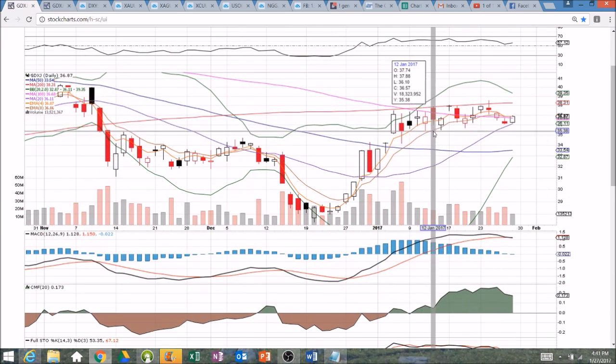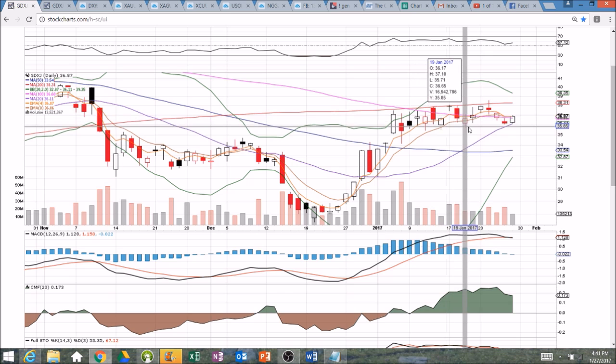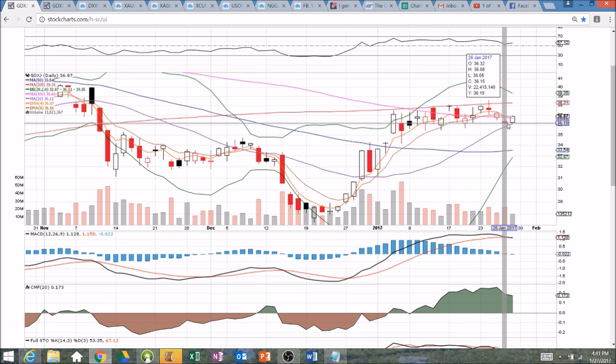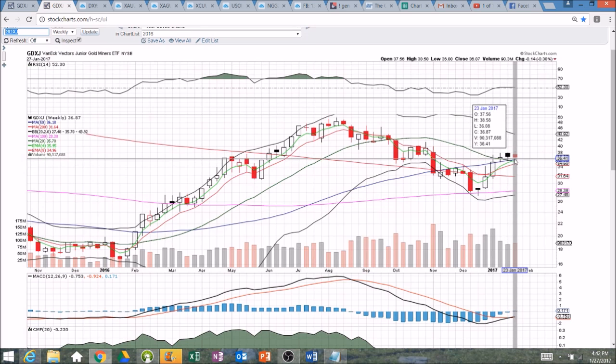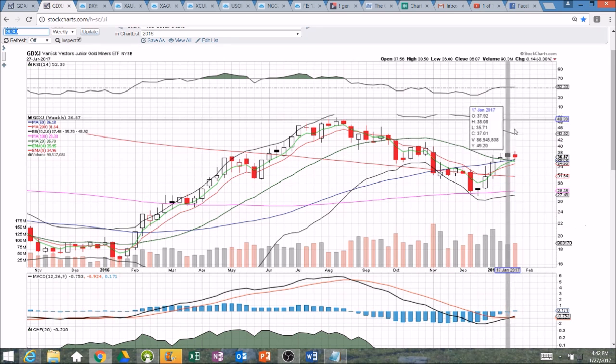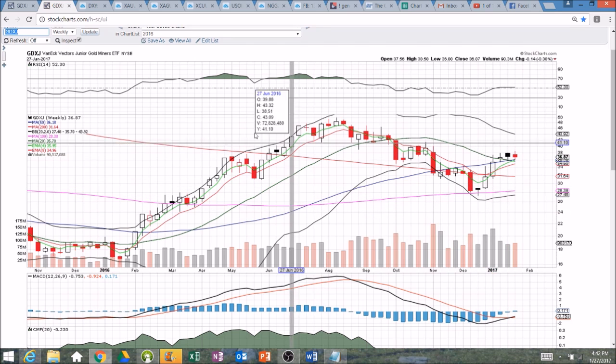Maintaining higher lows. So we got a low, 35.50, 35.71, make that 36.08. And then a bullish candlestick, close at the high, low volume, bearish reversal candlestick on the weekly, still maintaining higher lows. And a break of 36.08 would be a break of that higher low pattern.